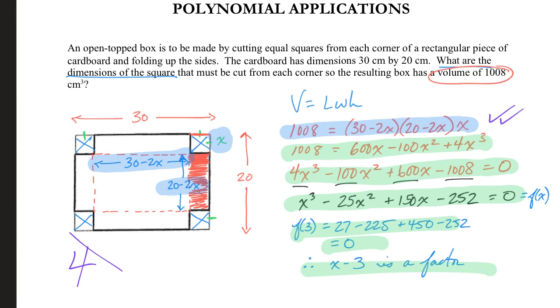Then all the rest of your algebra, expanding your brackets and collecting like terms, might be worth another half a mark. Dividing out your common factor and using the factor theorem, the meat of this course, will probably be worth another half. Getting down to your factored form might be another half. Then using the quadratic formula might be another half. And that basically gets us up to our 4.